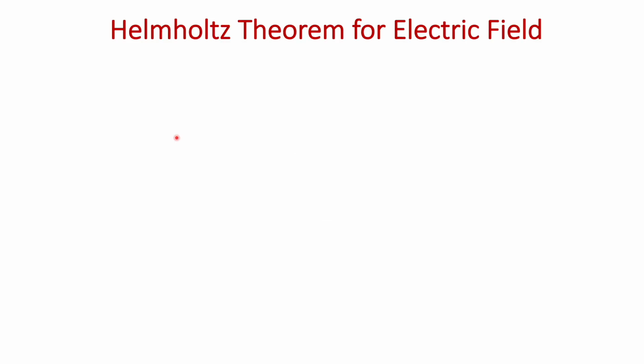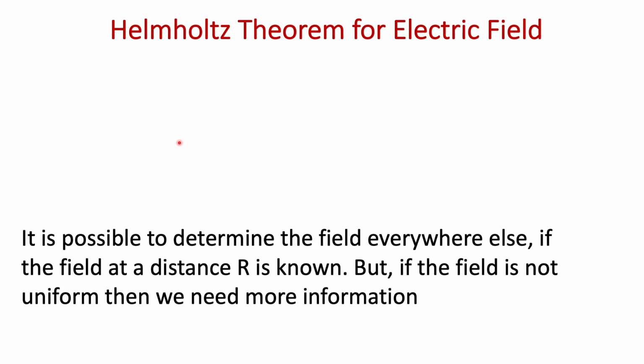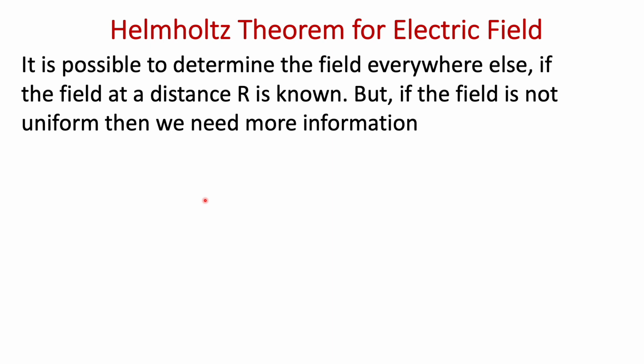With Gauss's law, we can calculate the electric field at any point in space if the charge distribution is known. But in reality, it sometimes becomes very difficult to know the exact charge distribution. In that situation, we would like to use the Helmholtz theorem for electric field.